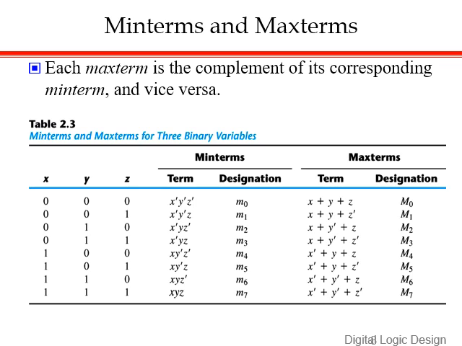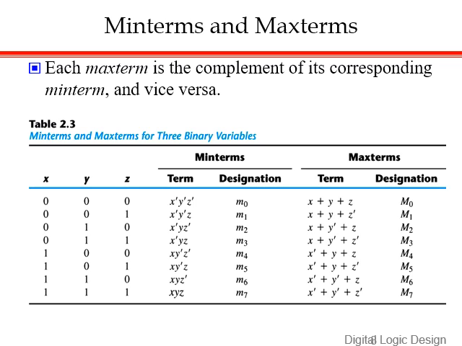There can be 8 possible combinations from x, y and z, and each minterm is the AND combination of x, y and z. 0 0 0 is x prime y prime z prime, 0 0 1 is x prime y prime z, 0 1 0 is x prime y z prime, 0 1 1 is x prime y z, 1 0 0 is x y prime z prime, 1 0 1 is x y prime z, and so on. So these are the minterms from m0 to m7.